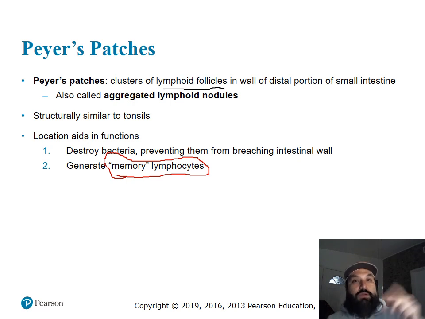So if we encounter them again, we know how to destroy them without them starting to cause us harm, which is really awesome to have, especially when you eat different foods. If you eat different things and consume different water, it memorizes those particular pathogens.